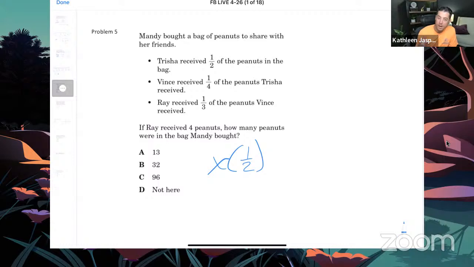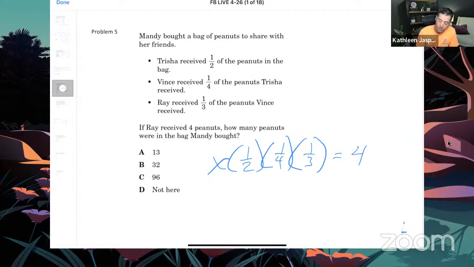So when we compound these fractions, you don't have to find like 3 different equations. You take 1/2, and then you're taking 1/4 of 1/2, and then you're taking 1/3 of 1/4 of 1/2. So they all get compounded together. And so it says, if you take all of that, then how many peanuts would you have if all of this were equal to 4?